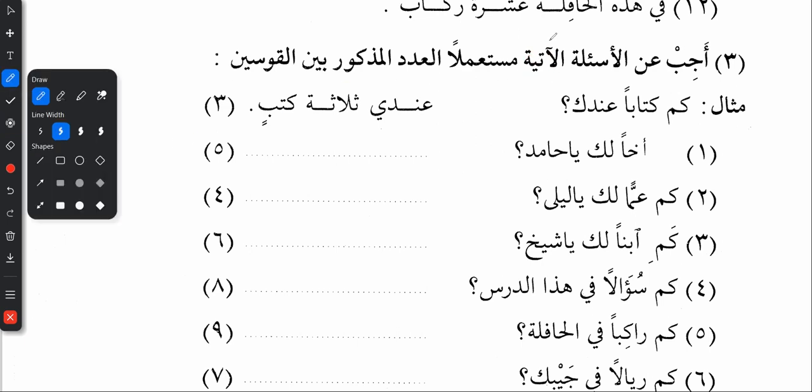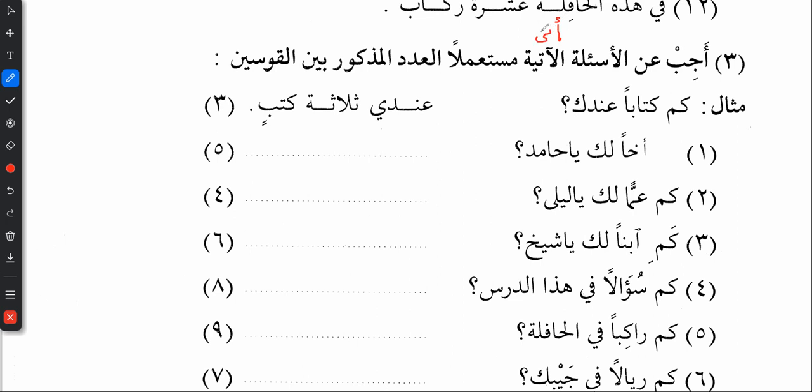Past tense ata means he came or it came. So atiyati means the following or the coming questions. Ajib, answer. As'ila, questions. And musta'milan means using. Isti'mal means to use.